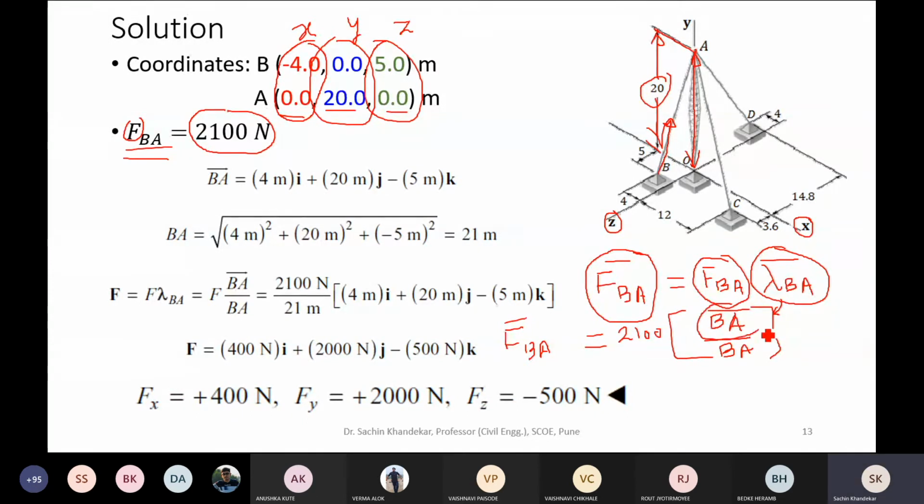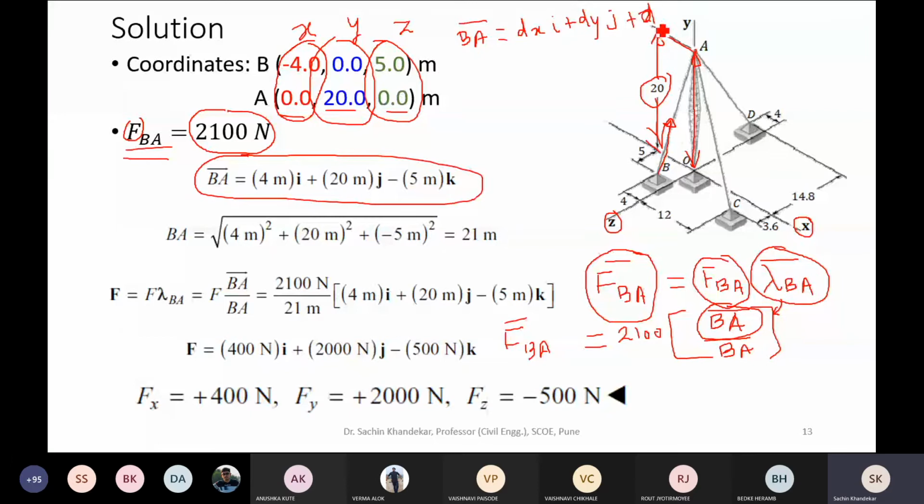Now I will write the expression for BA bar first. How can I write the expression for BA bar? That is nothing but dxi plus dyj plus dzk, correct? As far as the line vector BA is concerned, what is dx?